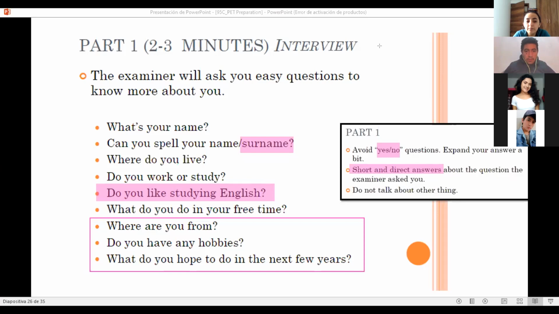Okay, so you can practice asking each other these questions we have right here, okay? So I'm going to share with you this image with the questions in the WhatsApp group. So you can start asking your classmate these questions.